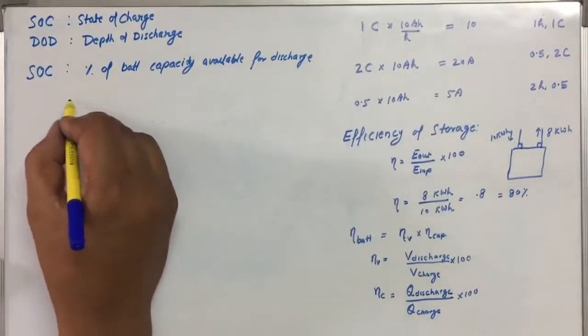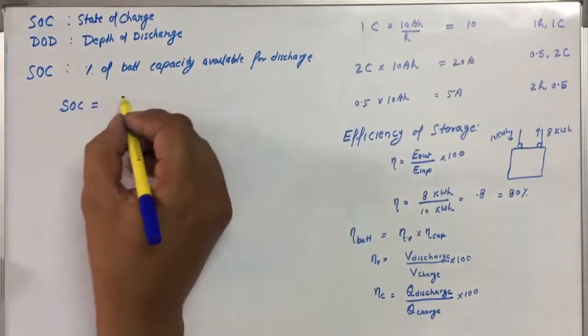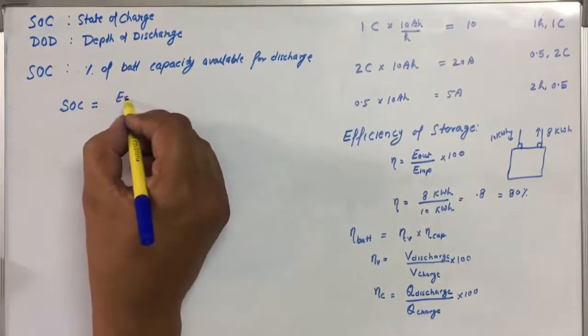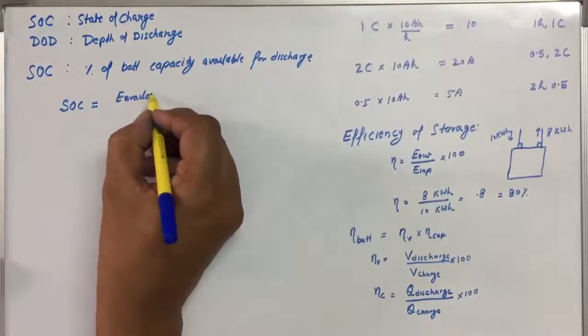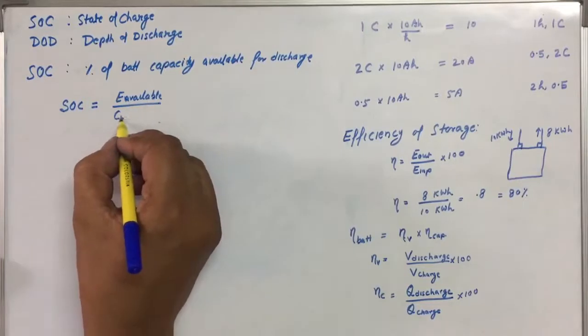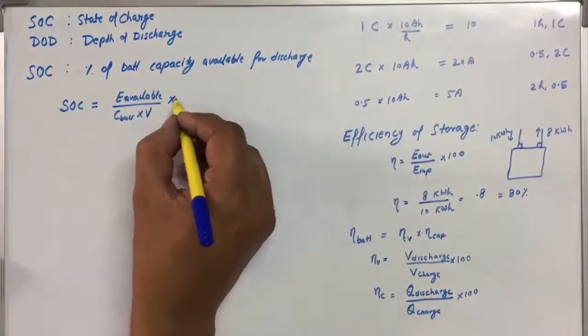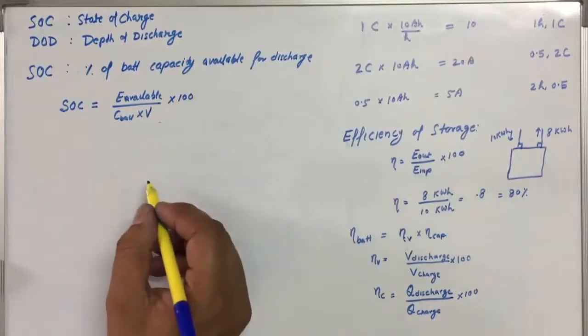So we can write state of charge is equal to energy available divided by the capacity of the battery times voltage. In percentage it can be written like this.